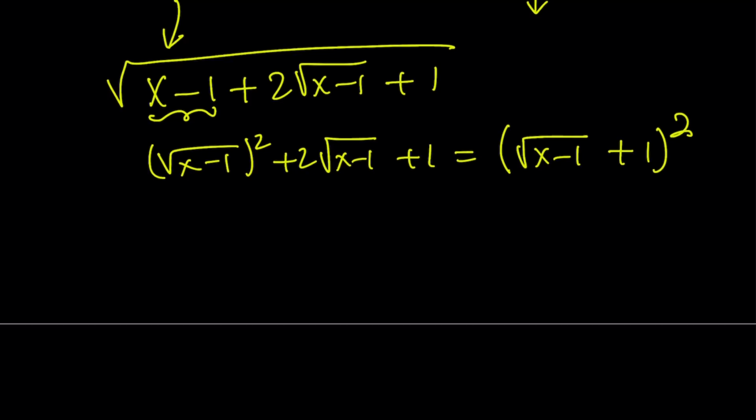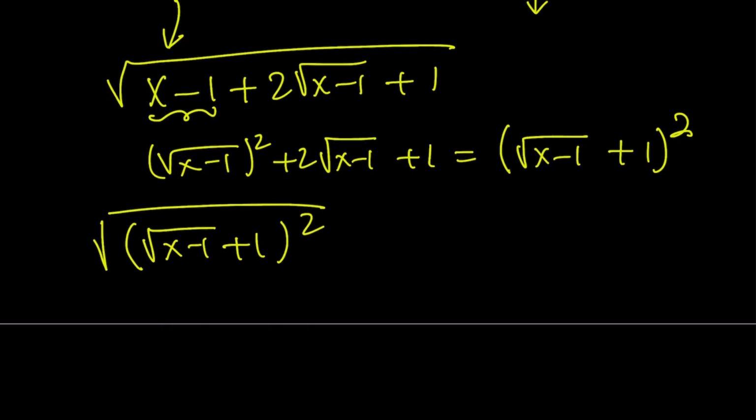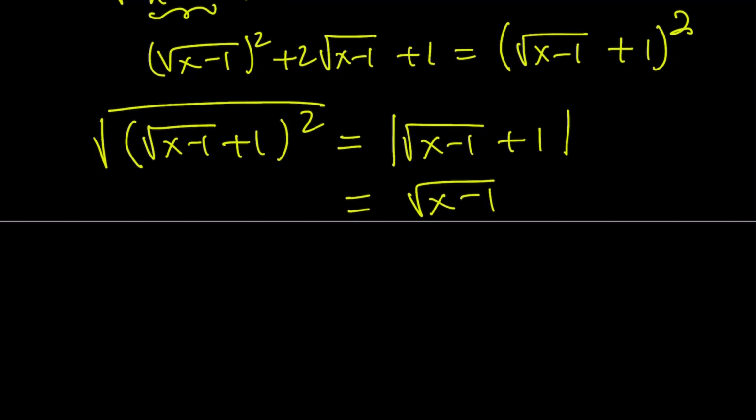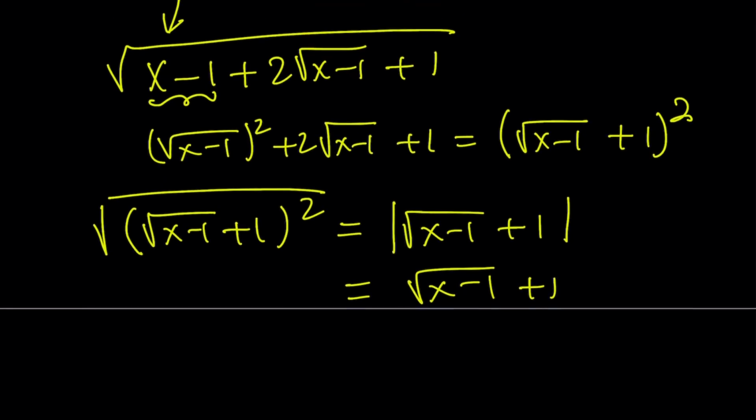And since we're square rooting it, the result should be the square root of that expression, which should be the absolute value of the inside. But if you look at the absolute value, you're going to notice that this is a positive quantity, therefore its absolute value is going to equal itself. Awesome. Because square root of x minus 1 is greater than or equal to 0, plus 1 is going to make it greater than 0. So that's the first part, and let's go ahead and simplify this now.